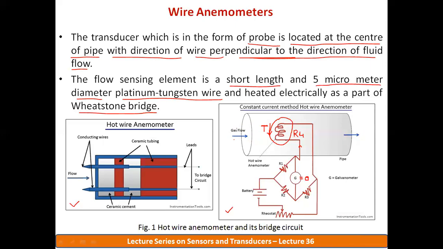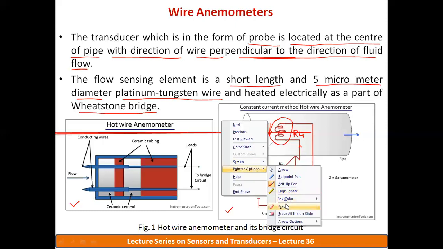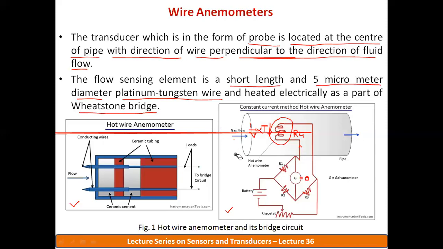So the velocity of gas flowing is v. If the velocity is v, then the temperature of the sensing element will vary inversely proportional with the velocity of the gas.